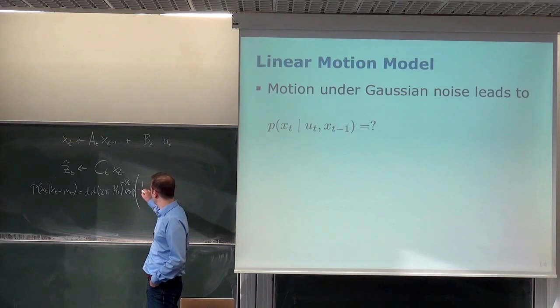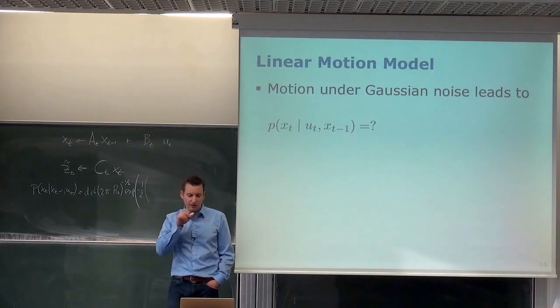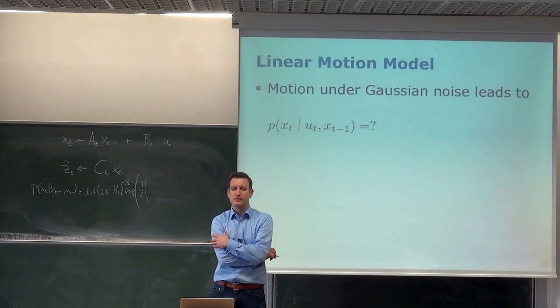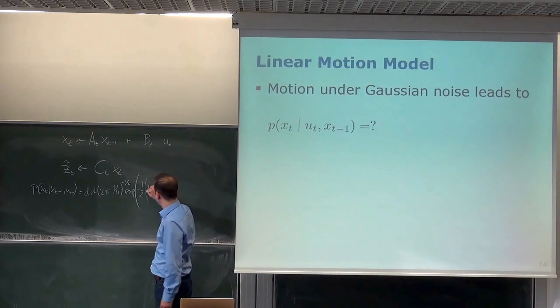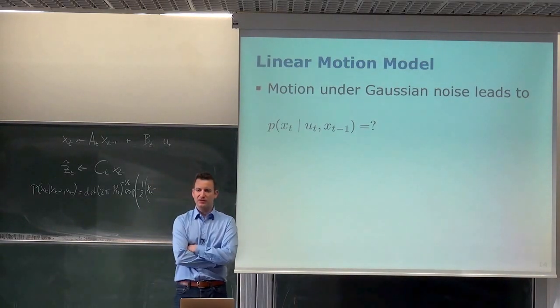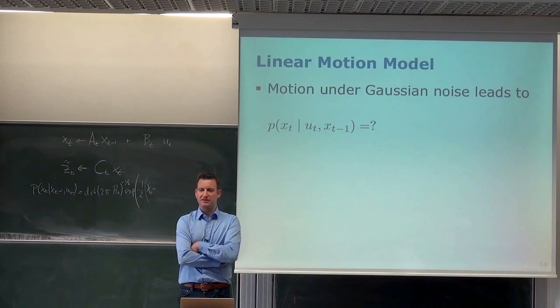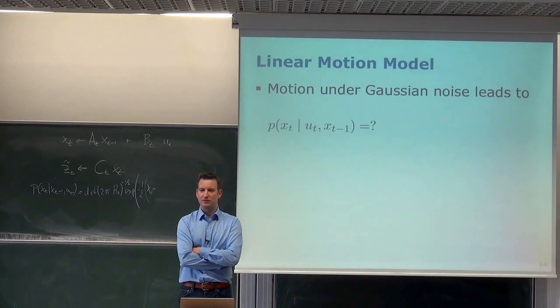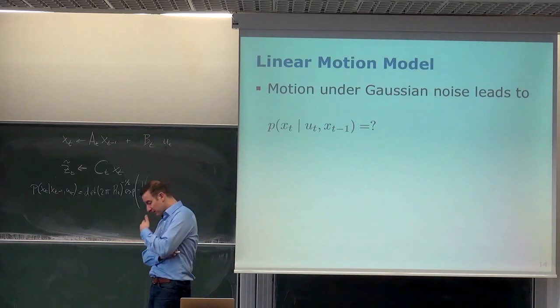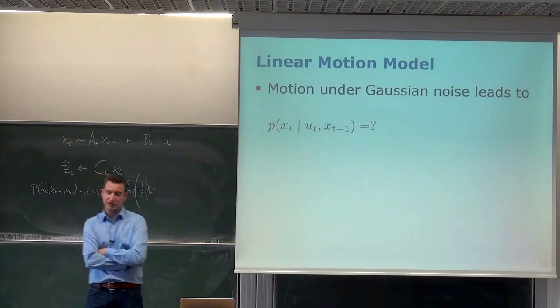So what needs to go here? I have my x or xt, the random variable I'm interested in. And what is now the mean of this Gaussian distribution? What is the mean of the predicted belief? Or not the predicted belief, just of the motion model. So it's just the motion model, not the predicted belief.